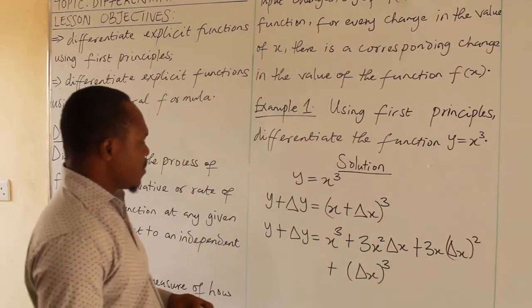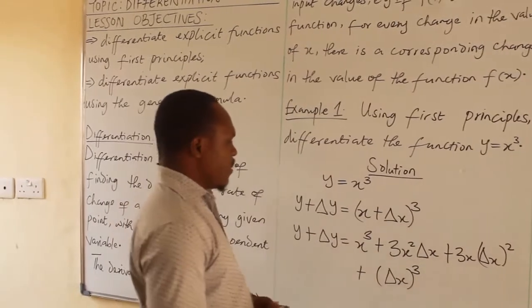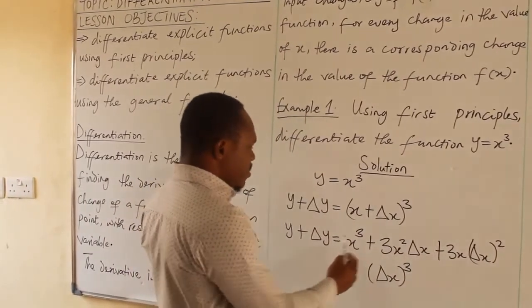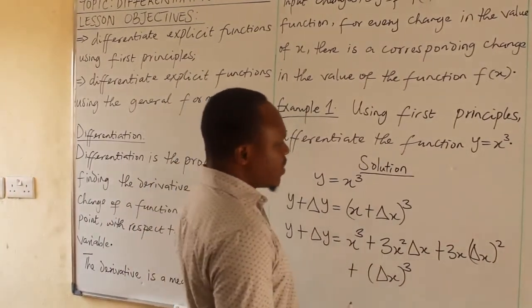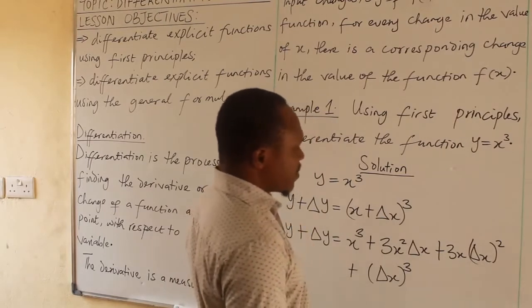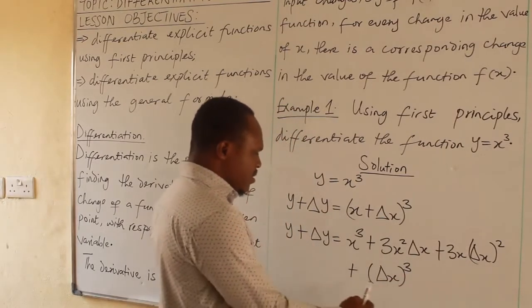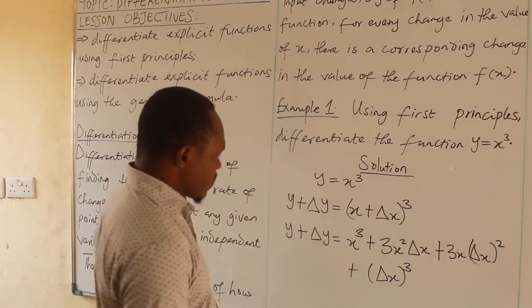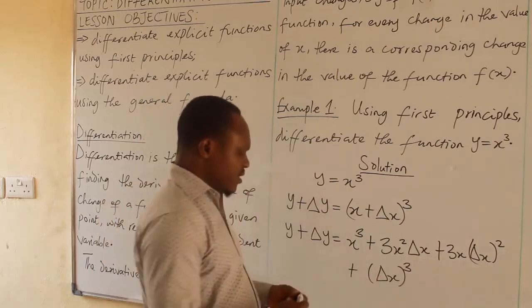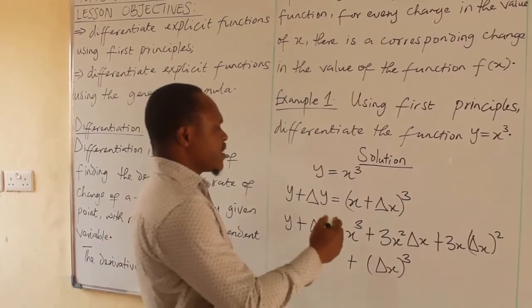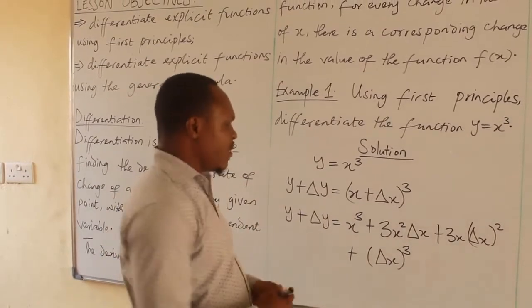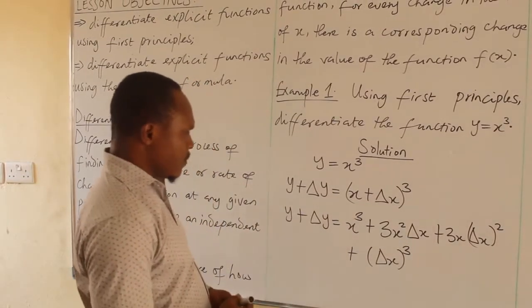Everything on the right hand side is equal to x plus delta x all raised to the power of 3.